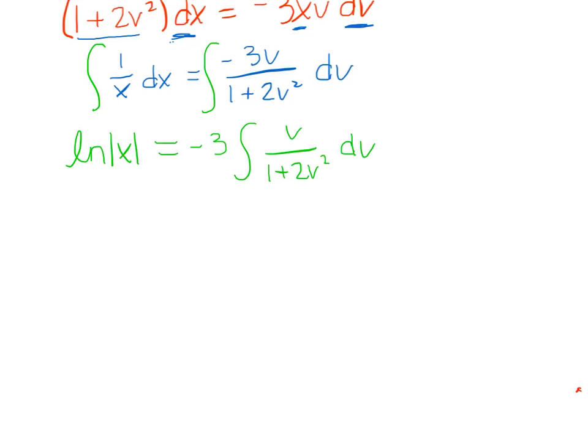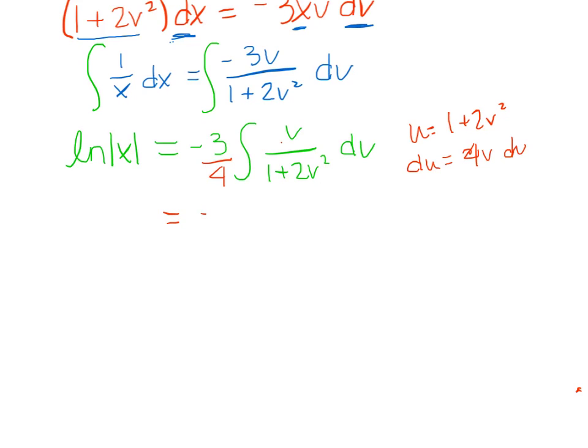Now off to the side here, I'm going to say u is equal to 1 plus 2v squared, which means du is going to be 4v dv. I see I only have a v up in my numerator here, so that means I'm going to have to multiply my dv by 4, which means I have to divide out front by a positive 4.